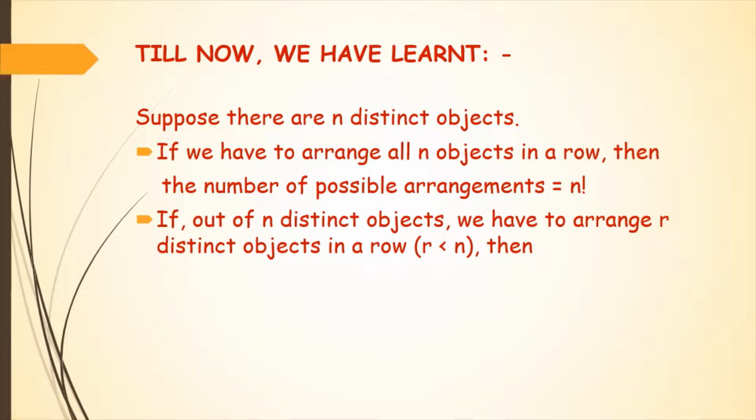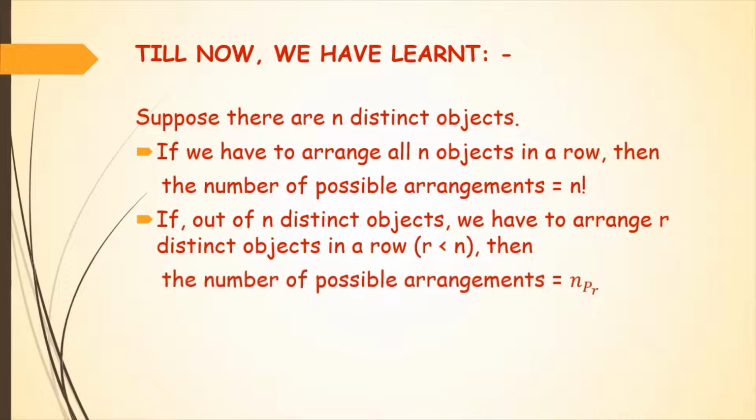If out of n distinct objects we have to arrange r distinct objects in a row, where r is less than n, then the number of possible arrangements is equal to nPr, that is n factorial upon n minus r factorial.